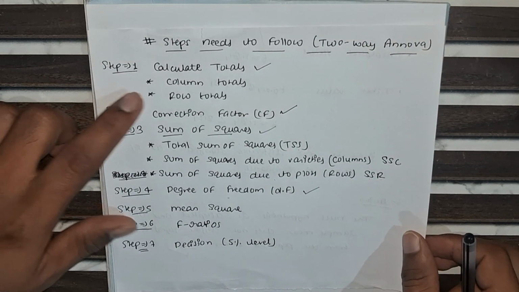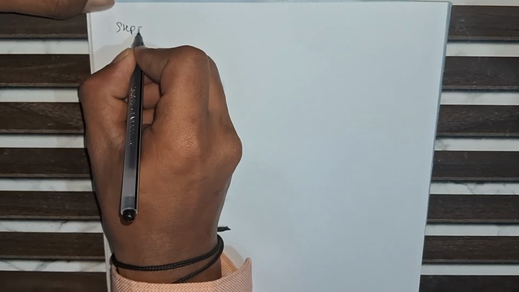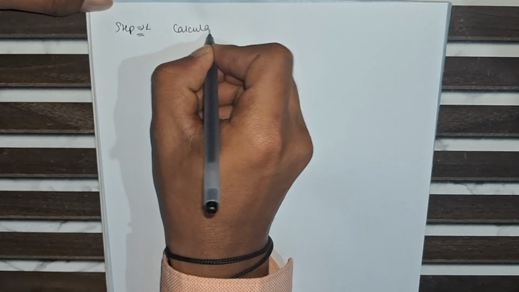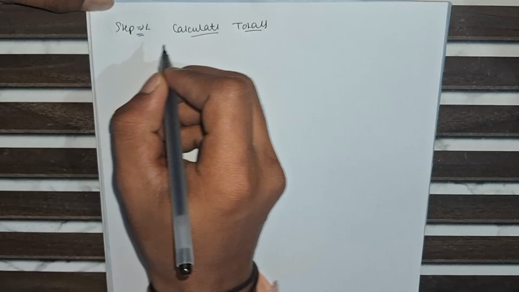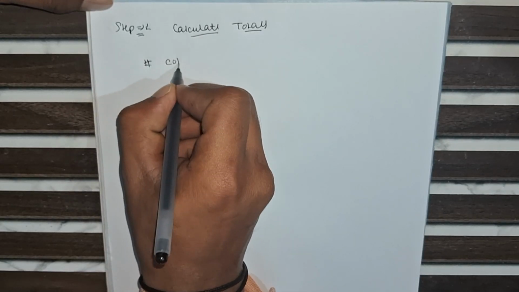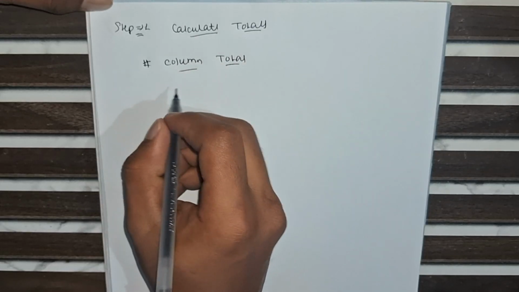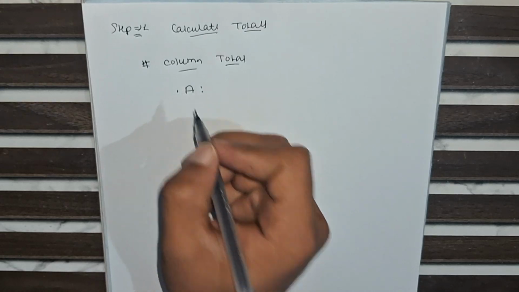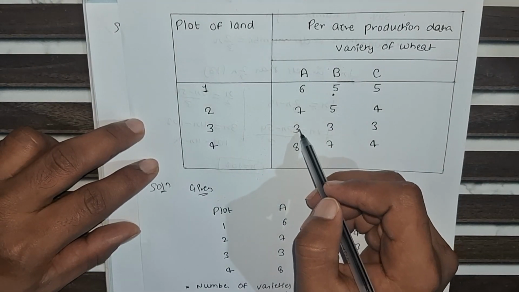So our first step is calculate totals. First we calculate the totals of columns. For A, this is our column, 6 plus 7 plus 3 plus 8.